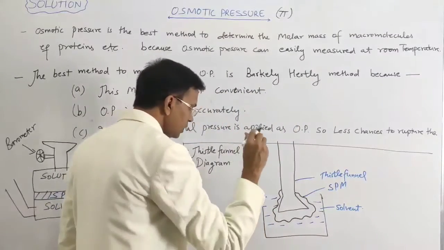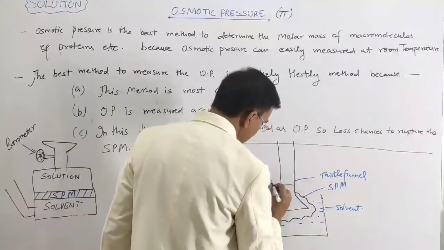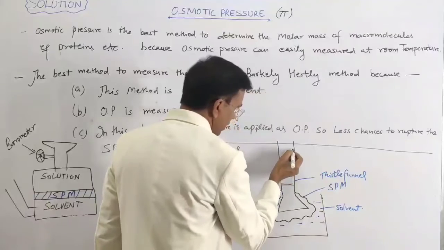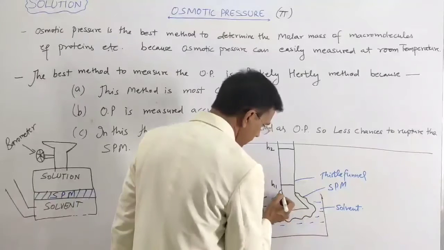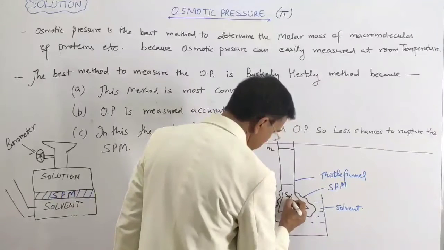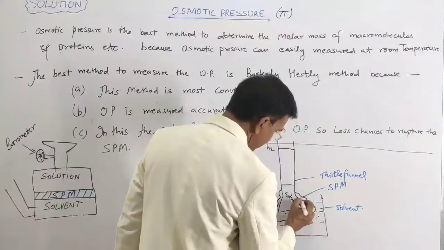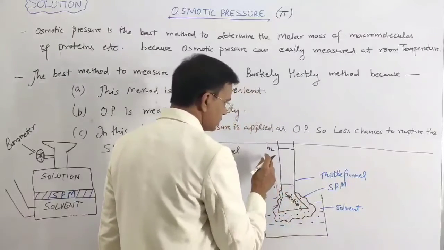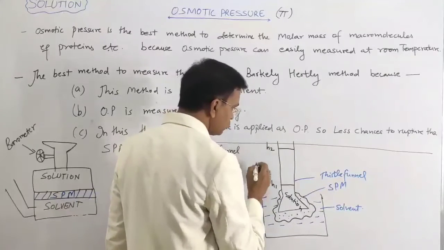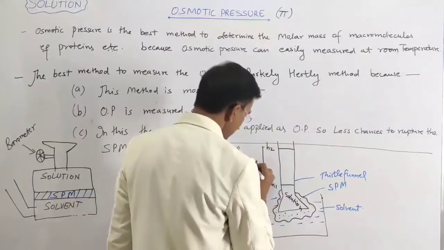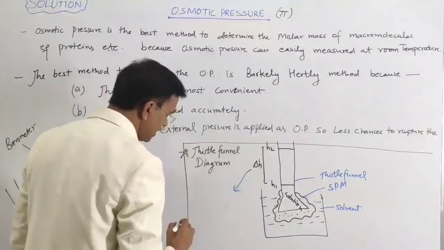And here suppose the solution height is H1 and after the osmosis solution height will be H2, right? Here is the solution. So the height before osmosis is H1 and after osmosis it is H2. So this will be the delta H, and the pressure can be measured with the help of this delta H.